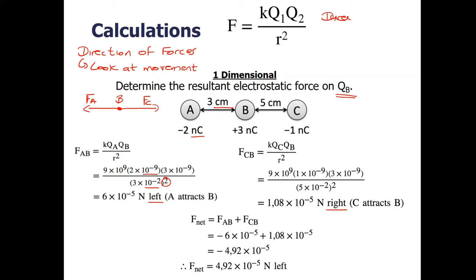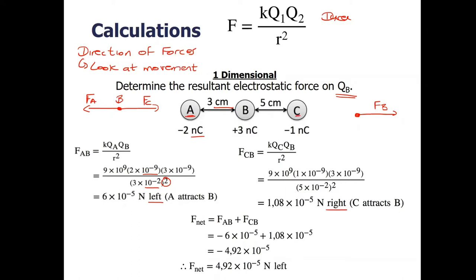Okay, so Priyanka, how would you determine the direction if they ask for the resultant on A? Okay, let's see what A is doing. So if we're focusing on A, we draw a free body diagram of A. A is attracted towards B, so it experiences an attractive force towards B. So B will pull it towards the right. But A and C are both negative charges, so they will repel each other.